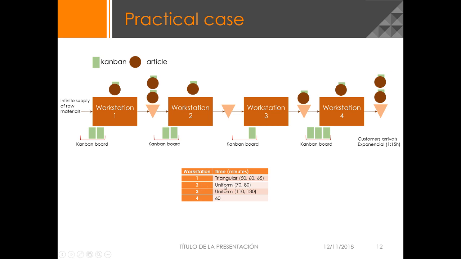Workstation 2 takes from 70 to 80 minutes to produce an entity, and the third one is the slowest one because it produces on average one product every 2 hours, variable, ranging from 110 minutes to 130. And the last station is probably an automatic workstation, and it always has a production time of 60 minutes.